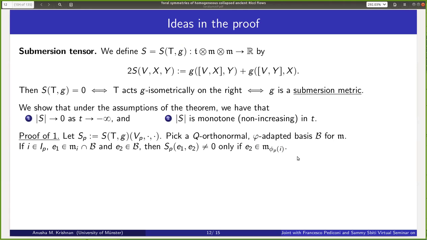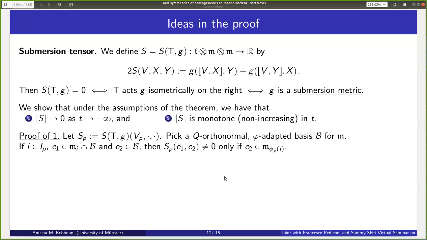Remember the normalizer adapted assumption told us that the ad V_P action permutes the irreducible submodules. In fact, it permutes the irreducible submodules within each equivalence class.